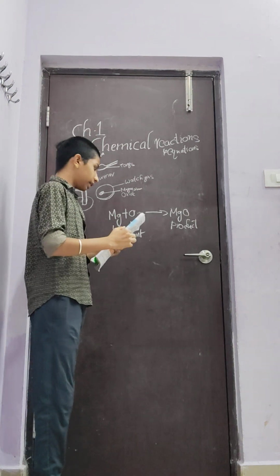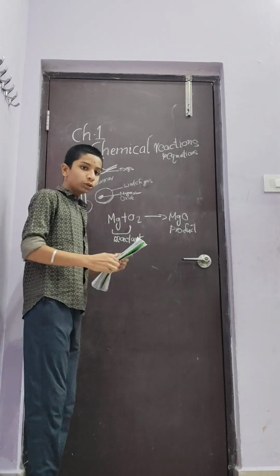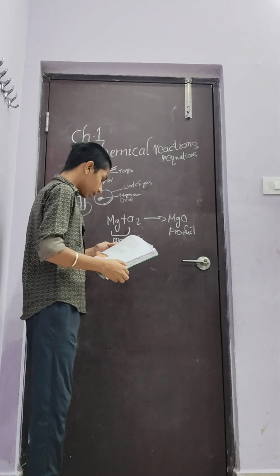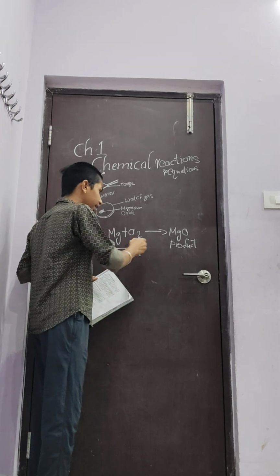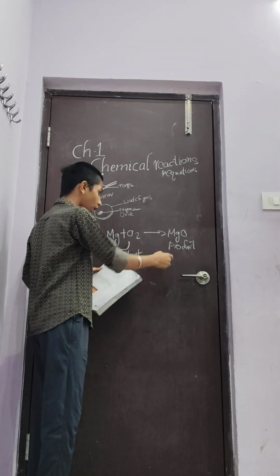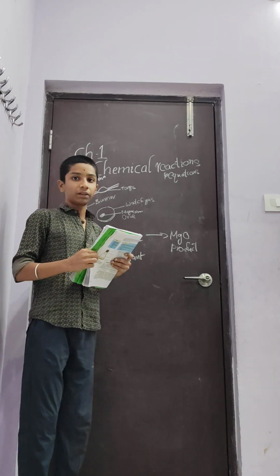This is the chemical equation: reactant side, product side. Next, how to write a chemical equation? In the chemical equation, this is called the arrow. It divides reactants and products.